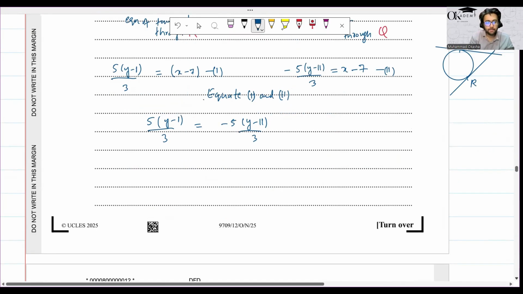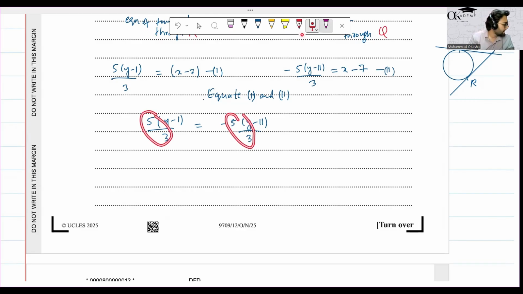I'll multiply both sides by 3. If it makes sense, you can just cancel out from here. Otherwise, you could multiply both sides by 3 and divide both sides by 5. The 5 over 3 can be cancelled by multiplying both sides by 3 over 5.